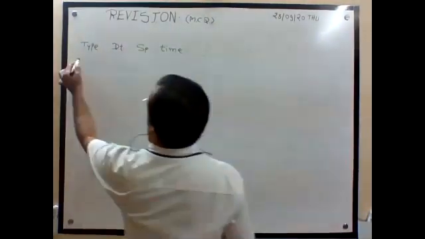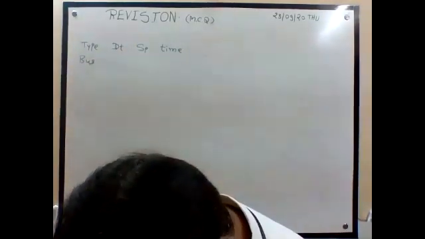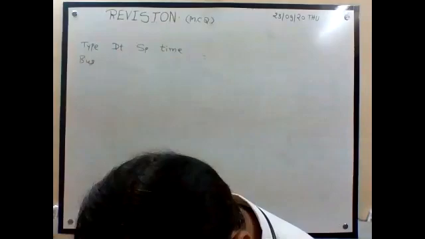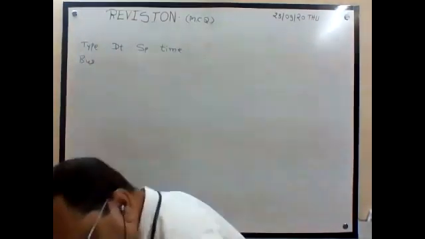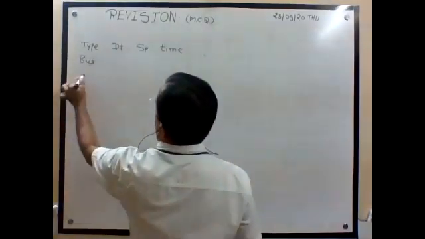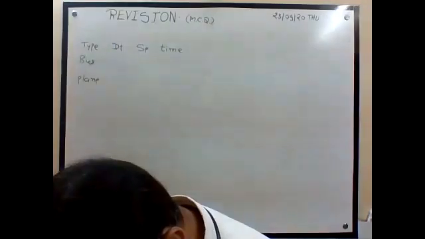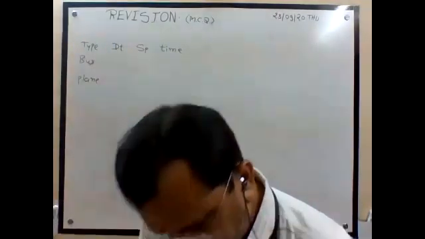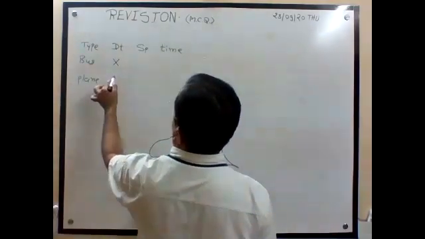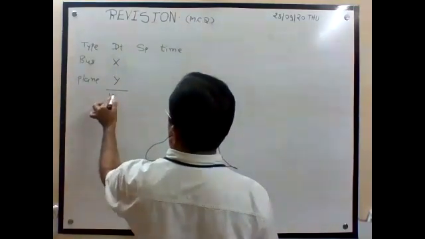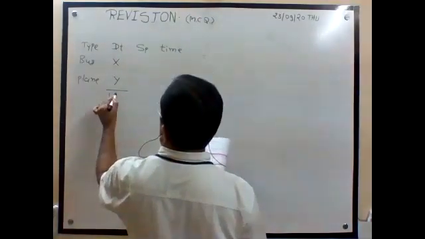Bus, plane, correct. Distance traveled by this we don't know, but the total distance travel is 1900.